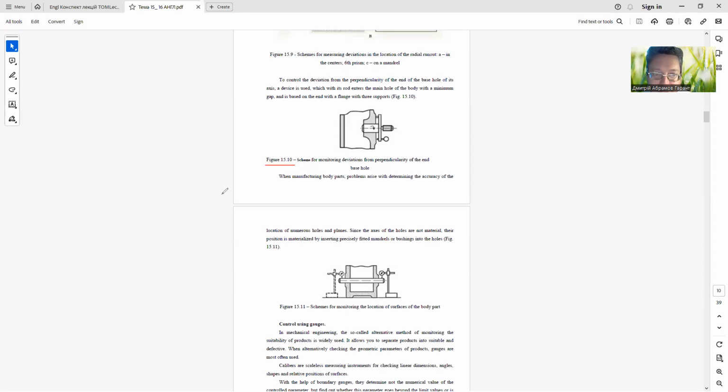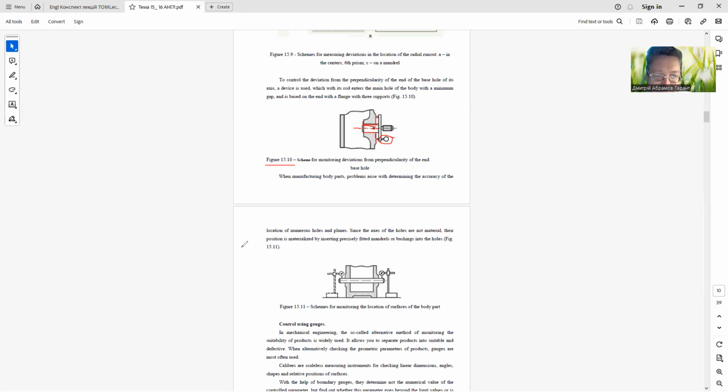Figure 15.10, scheme for monitoring deviations from perpendicularity of the end base hole. You can see the hole in the bushings, the perpendicularity of the hole and this surface, and the indicator head.